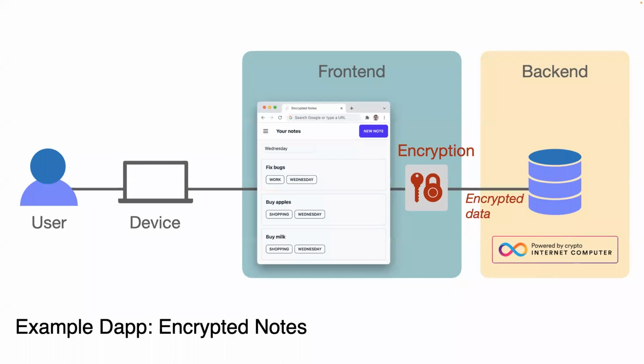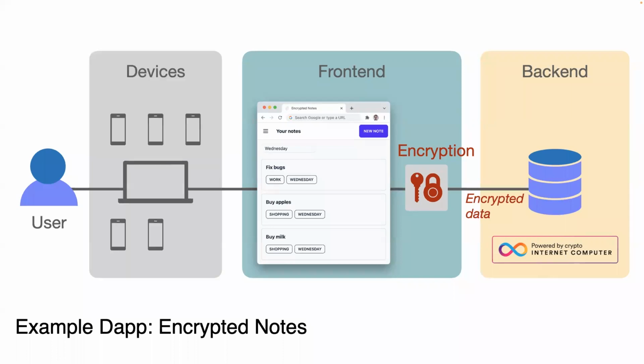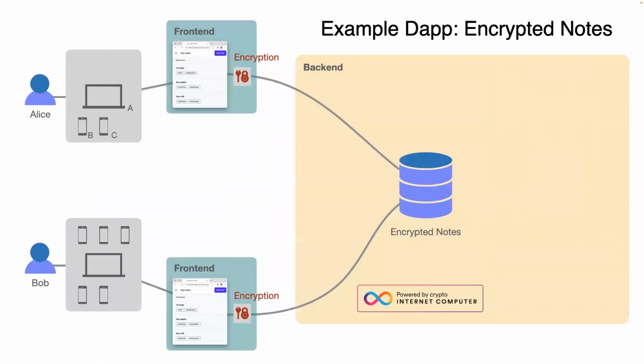Since we're talking about multiple potentially supported devices, how do we synchronize between them? Well, in addition to this, the problem is even more complex because we can have, of course, multiple different users.